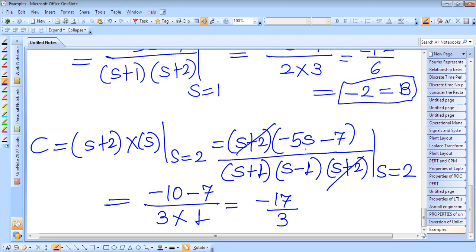Okay, here we are substituting s is equal to, sorry, we have to substitute s is equal to minus 2.